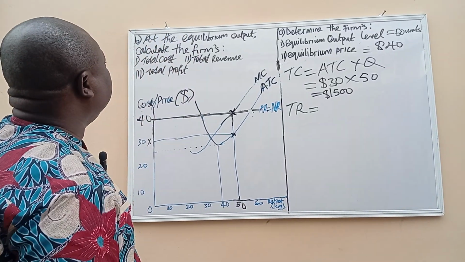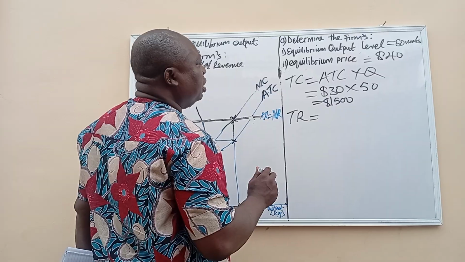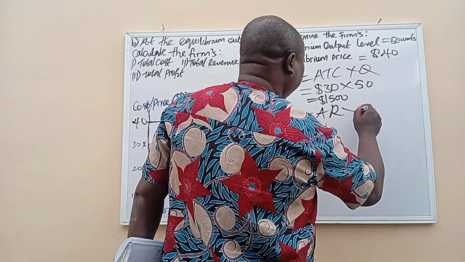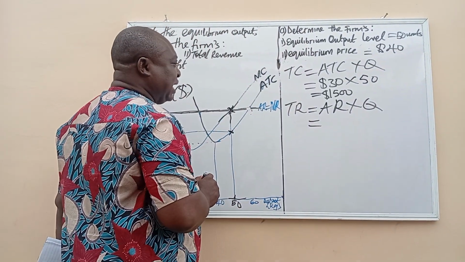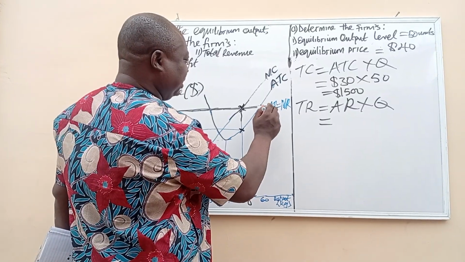So let's get TR, total revenue. Total revenue will be average revenue times output. What is average revenue? Look, this is average revenue.